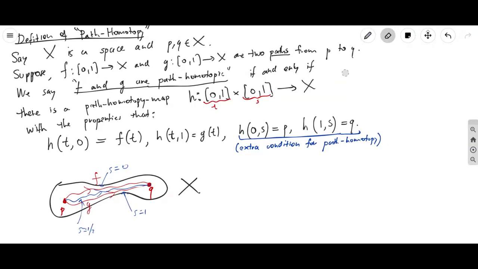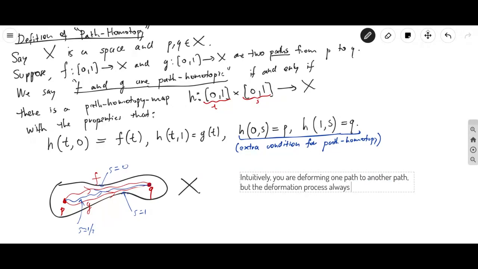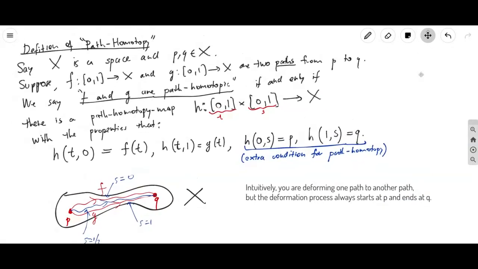Intuitively, you are deforming one path to another path, but the deformation process always starts at P and ends at Q. That's the intuition of what's happening in this definition.